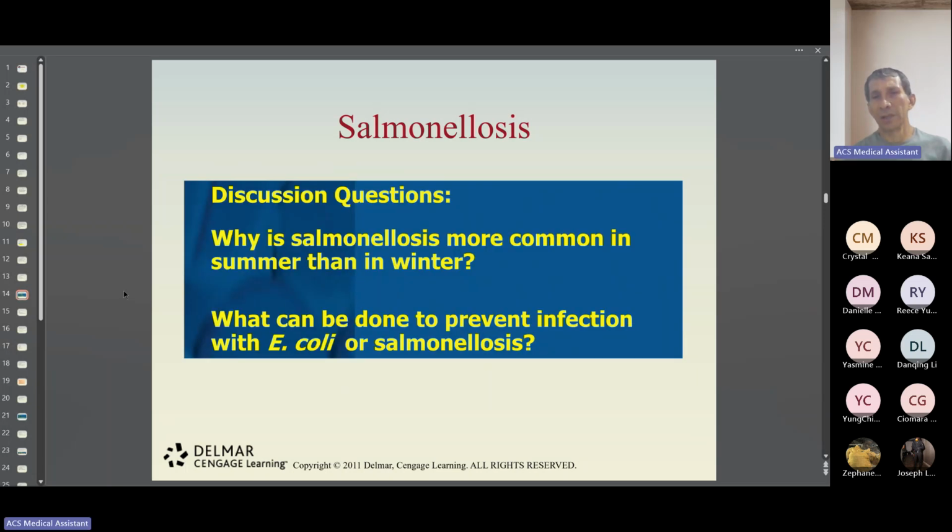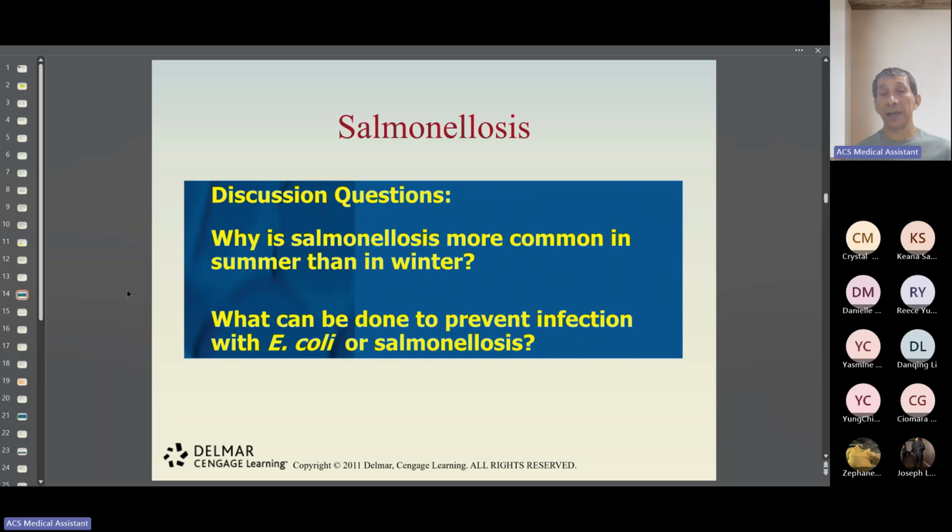Why is salmonellosis more common in summer than in winter? Remember, think about this. Microorganisms survive more, multiply more, spread more during summertime because they like humidity, they like high temperatures. Think about when you go to the doctor's office or the hospital.